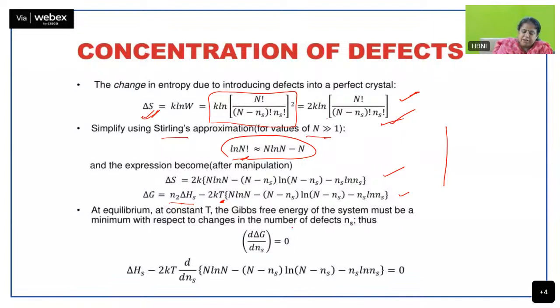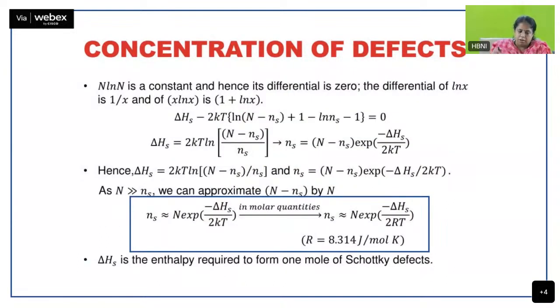That means I differentiate my free energy with respect to the number of defects and equate it to 0. You will get something like this. This is only the differentiation shown, and then you will arrive at this. It is a very simple differentiation. That is why I don't want you to do it.